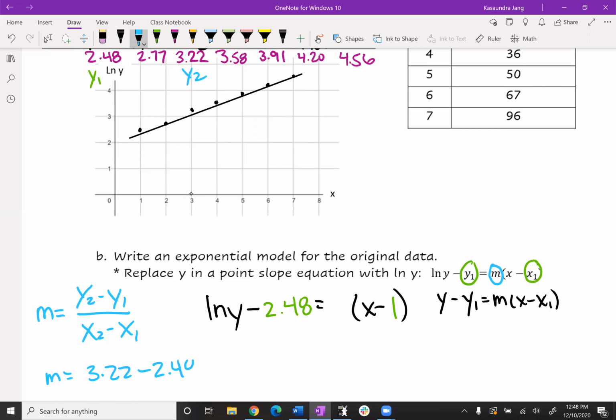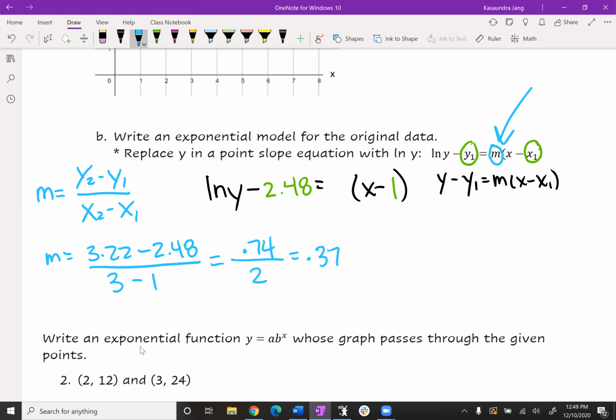I'm now going to divide by 2. And I'm getting my slope here, 0.37. Okay, so here's my m. That should be multiplied in front of these parentheses with the x, my 0.37. All right, and this actually is my final answer. That's the equation that they were going for.